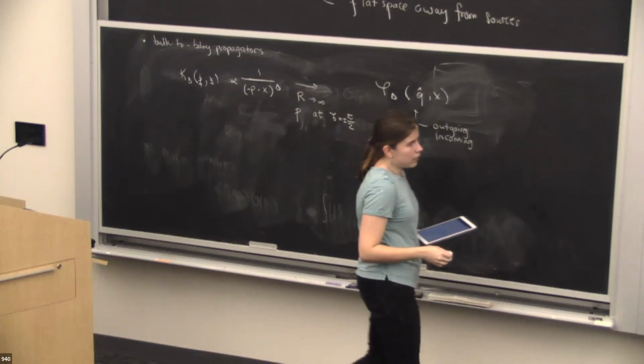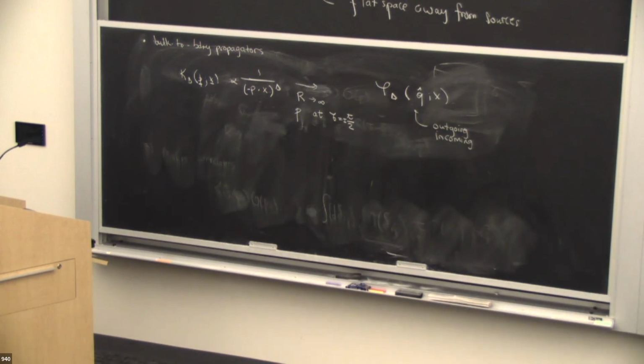and together with the fact that the bulk-to-bulk propagators will also reduce to Feynman propagators subject to certain boundary conditions, and also these integrals will reduce to flat space integrals in this limit.